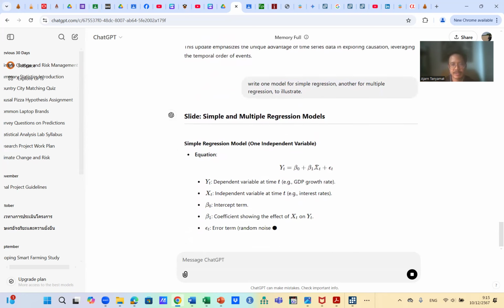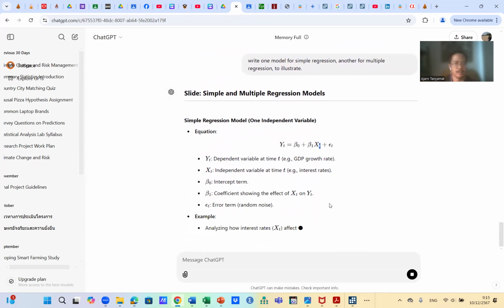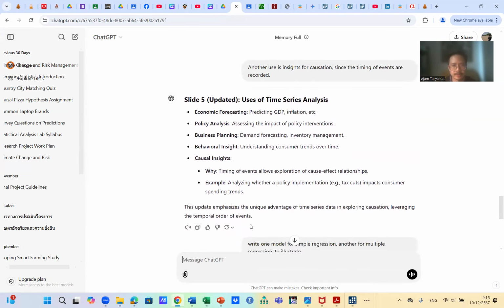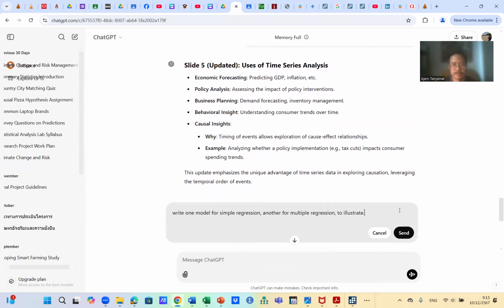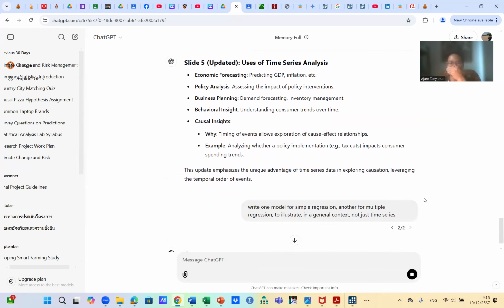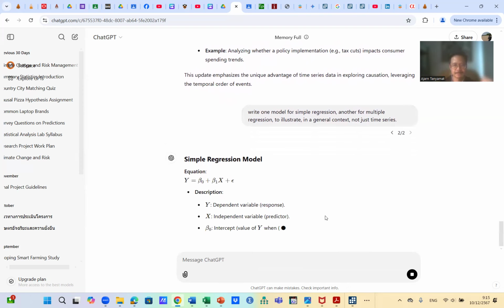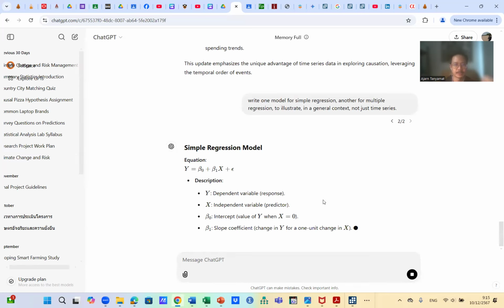We have only one x variable. In a general context, in the simple regression, you have only one explanatory variable: intercept, slope.